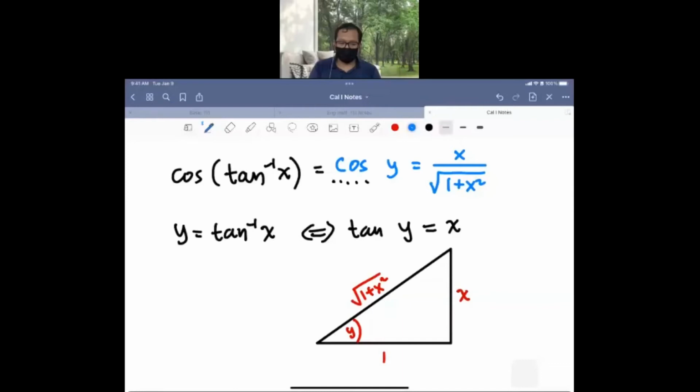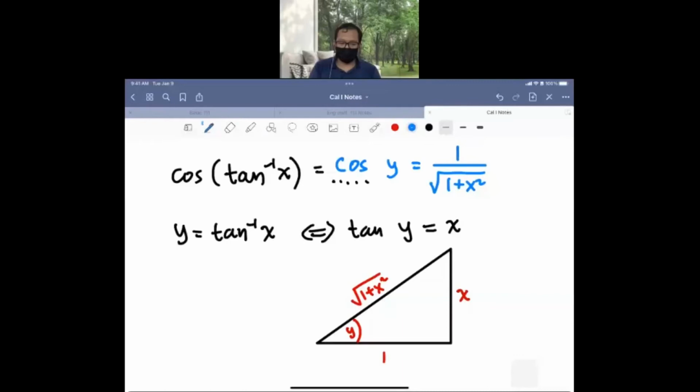Any questions? Yes? Which one? Oh, it's sine, right? If x, there should be one. Correct, correct.